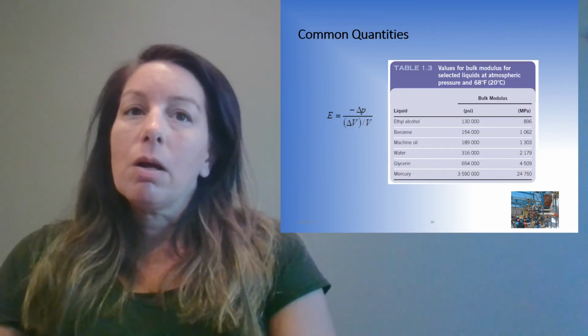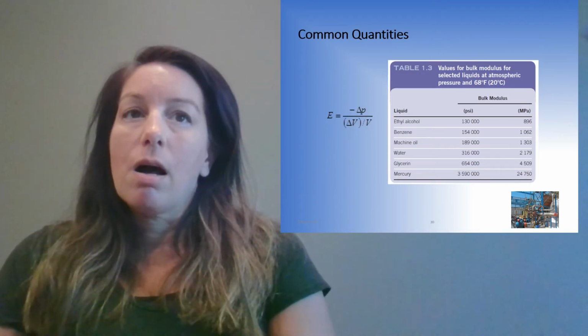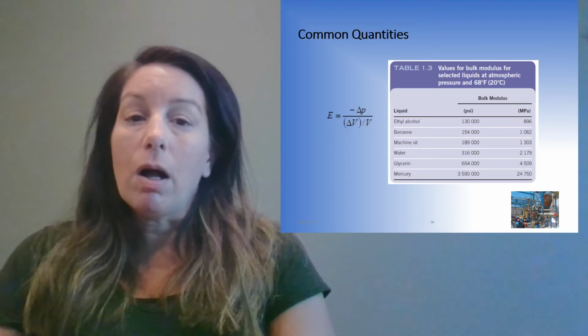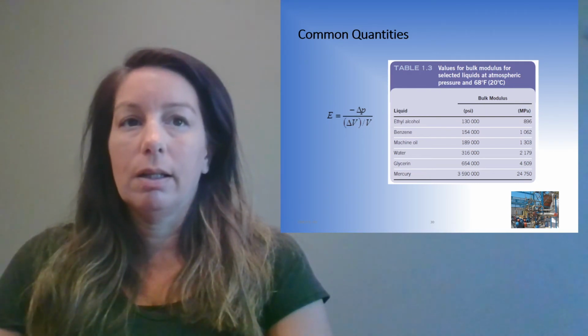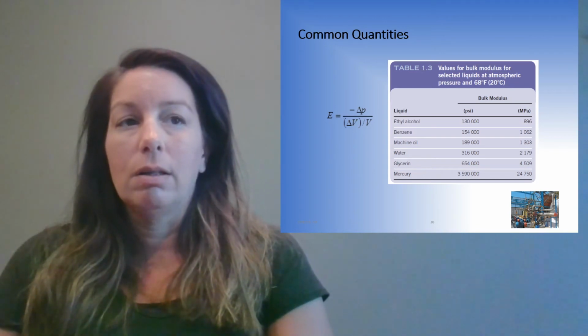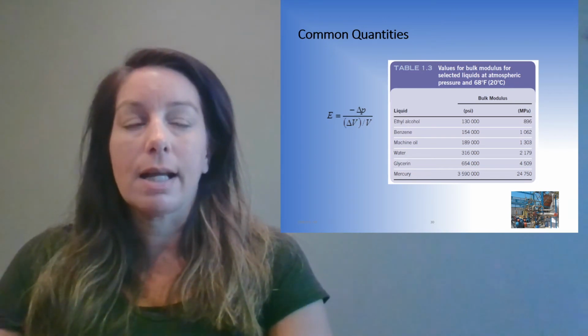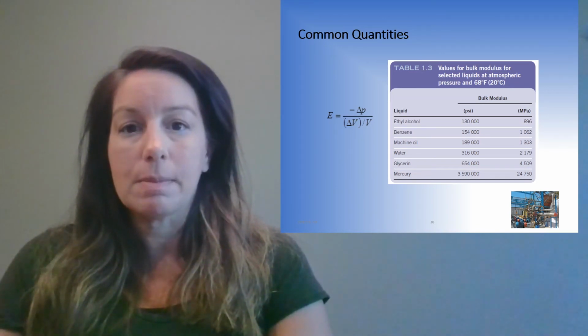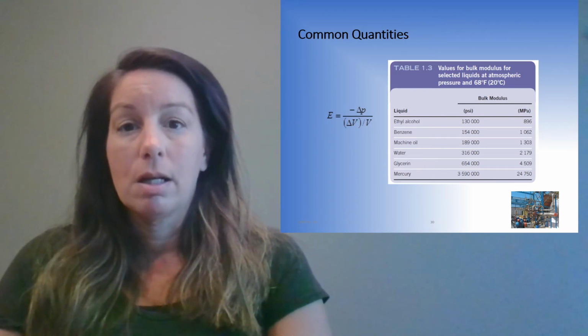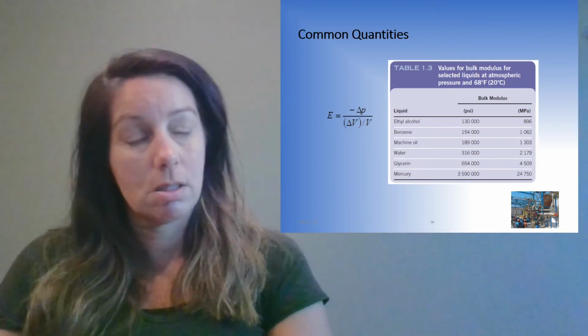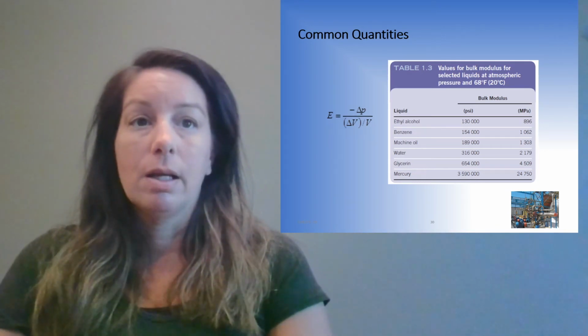So common quantities of bulk modulus. What do we have here? We've got alcohol, 896 MPa, so that's megapascals, 10 to the 6 newtons per meter squared, however you want to look at it.